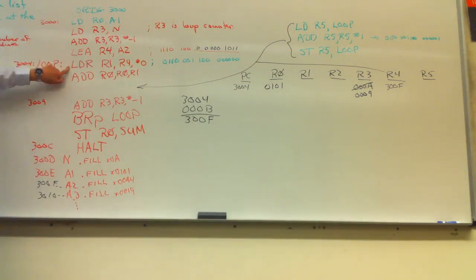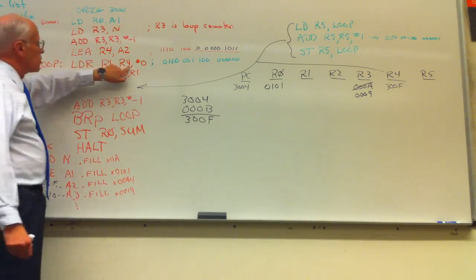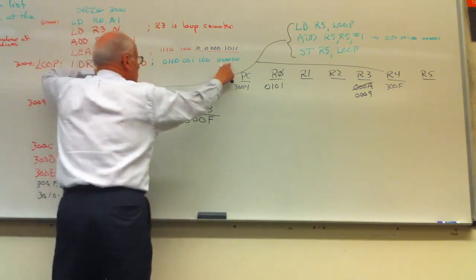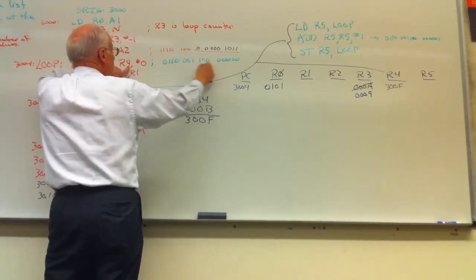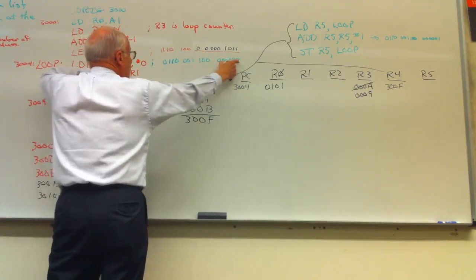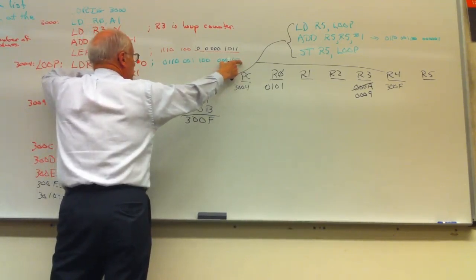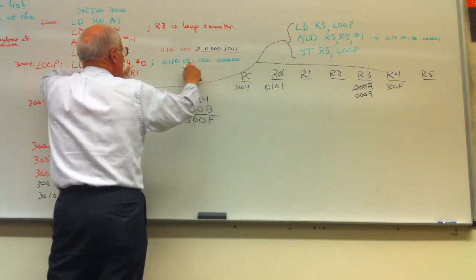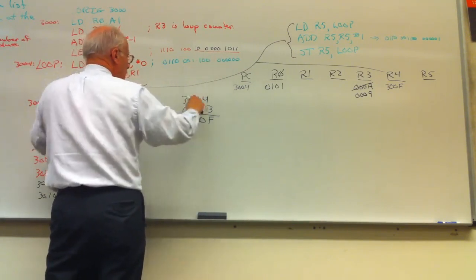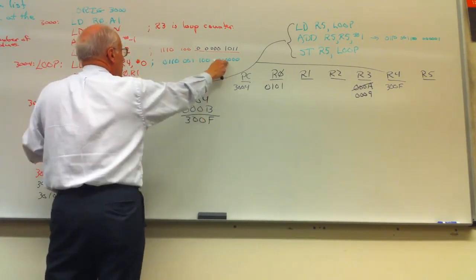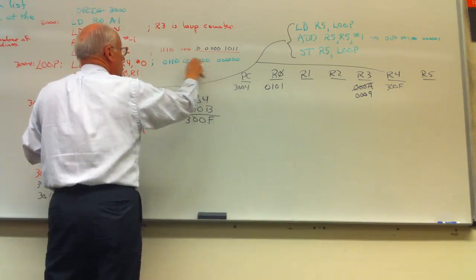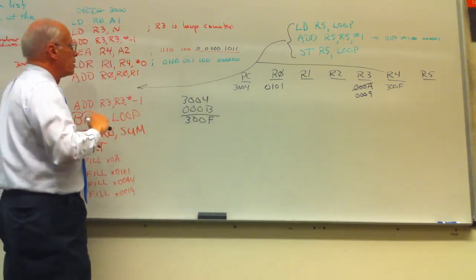Now, this one says, take register 4, okay, we'll go out and use this form, register 4, extend this thing, add it, go to that location. It's the same trick we did here, except that we're using register 4 instead of the program counter.